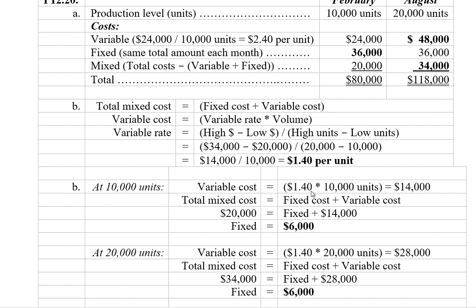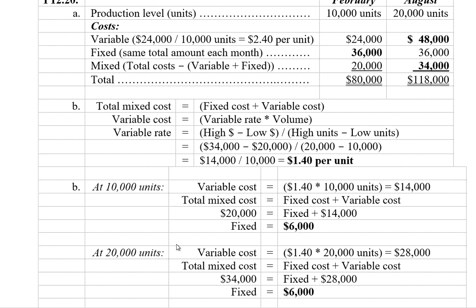So let's just calculate this. Let's plug it in and see if it works. Let's go to 10,000 units and multiply that $1.40, and we get 14,000. Then, guys, if we take that 20,000 at 10,000 level unit now, at 20,000 of mixed cost, subtract out what we know is variable, we're going to get 6,000 in fixed. Well, you know how we can check that to see whether or not it's right?